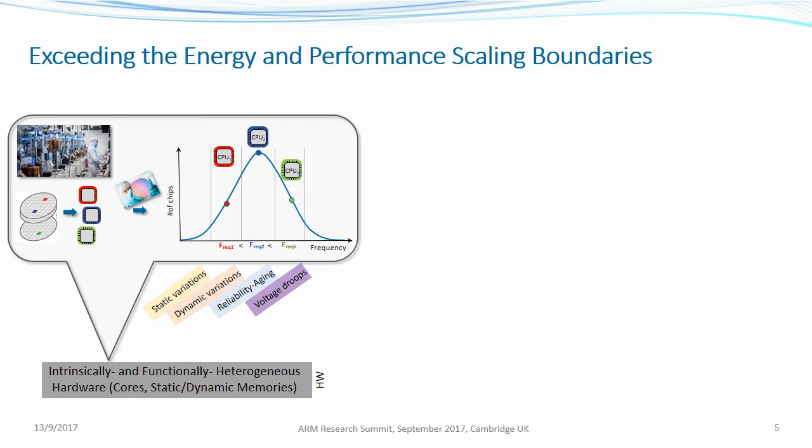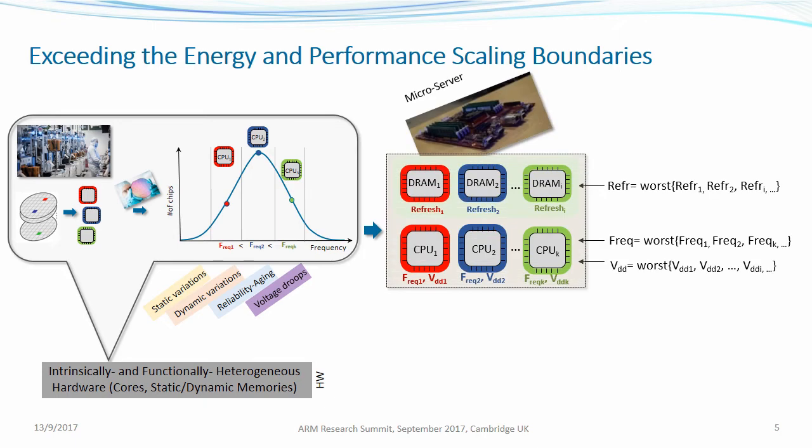So there are a number of variations. Some of them are static. They have to do with the manufacturing process. Some of them are dynamic. They have to do with the workloads executed on the system. And there are also other factors such as aging, the stability of the power network, and so on.